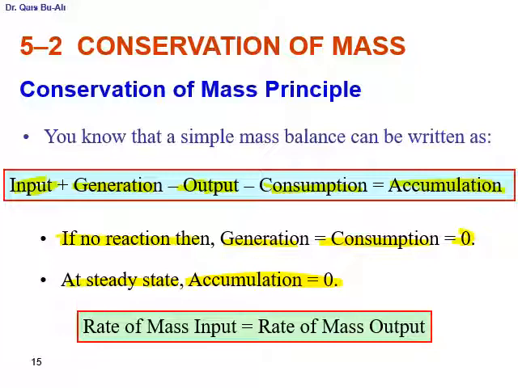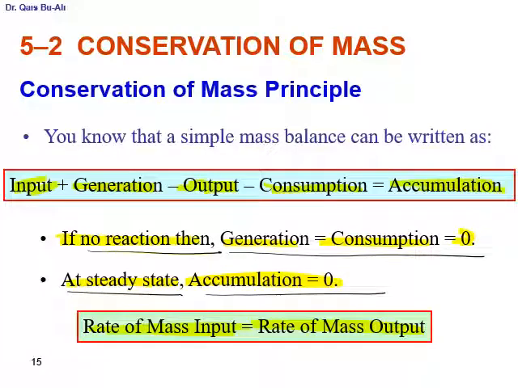Then you can say that rate of mass input is equal to rate of mass output. You cannot say this unless there are two conditions: there is no reaction, so generation equals consumption, and steady state, so accumulation equals 0. Then we get this form of the conservation of mass principle.